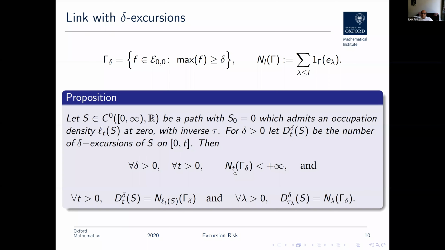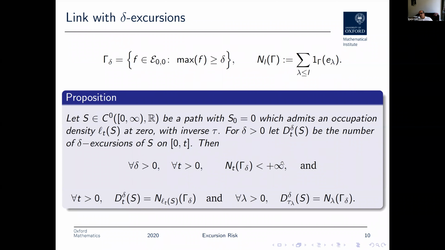So the statement is this. First of all, if the path has occupation intensity at 0, then for any strictly positive delta, if you plug in this set gamma delta into the point process, so if you count the number of excursions from 0 to 0 of your path which reach delta, this is always going to be finite.